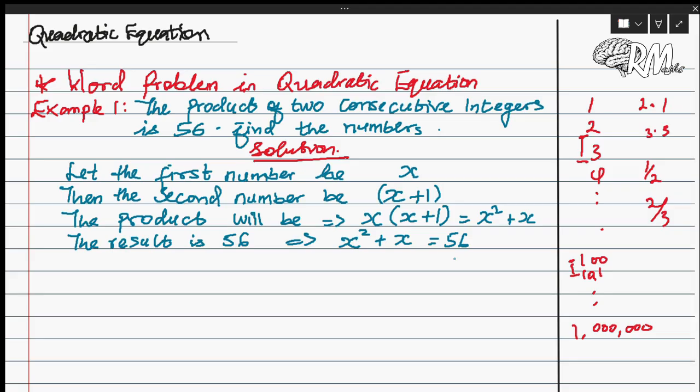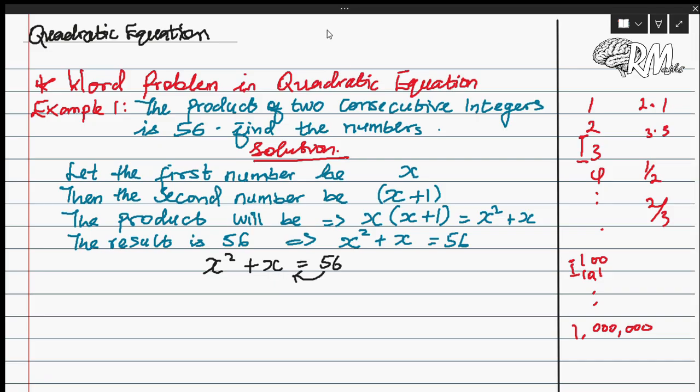So by this, we can now solve the question which says x squared plus x equals 56. So first, I will just have to bring back this 56 to this other side.